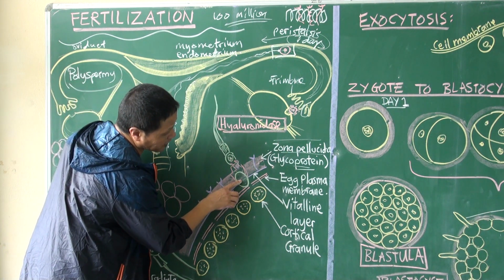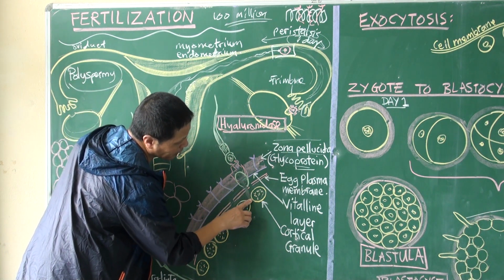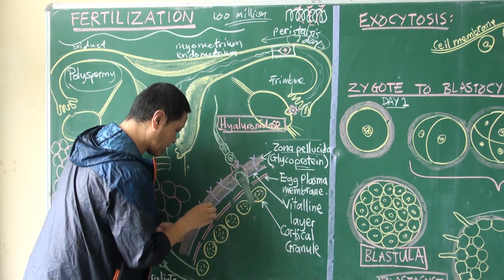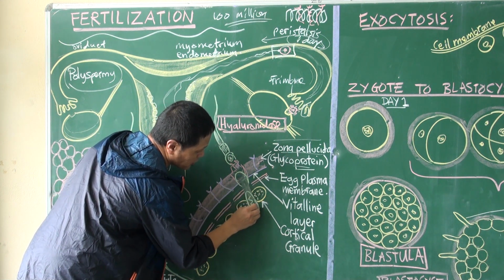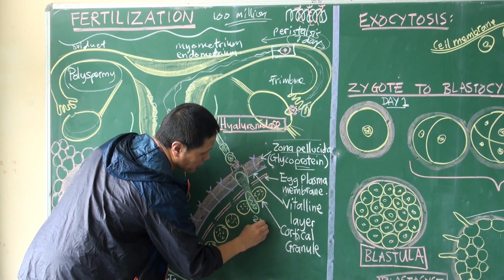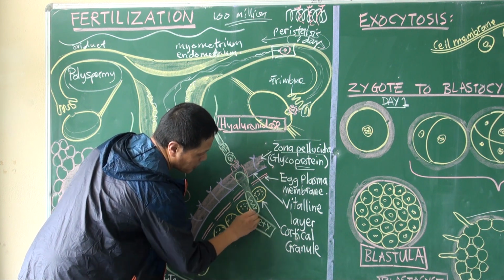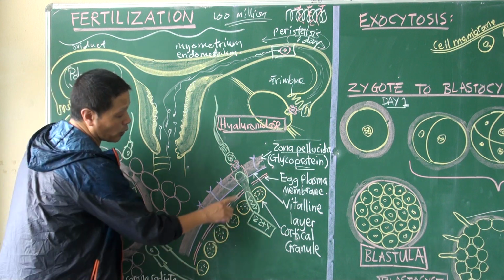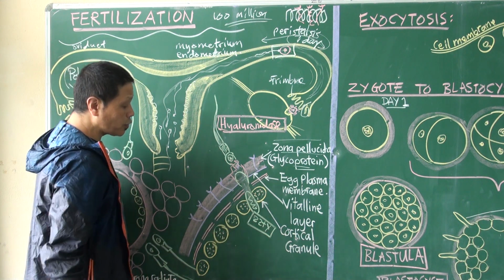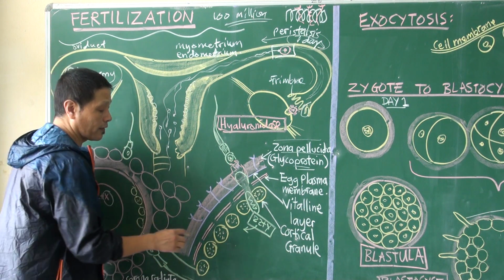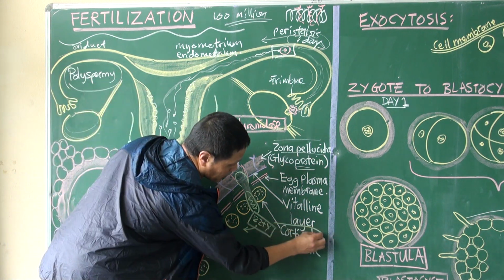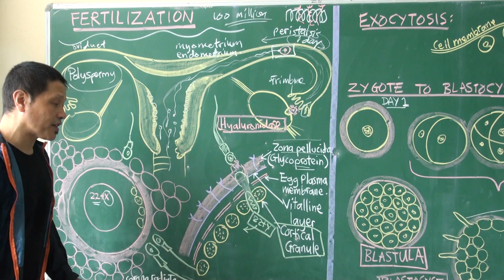So once it injects its nucleus into the egg cell, so this is the 22 plus, let's say, X chromosome. Once it injects its nucleus into it, this triggers what's called the cortical reaction.